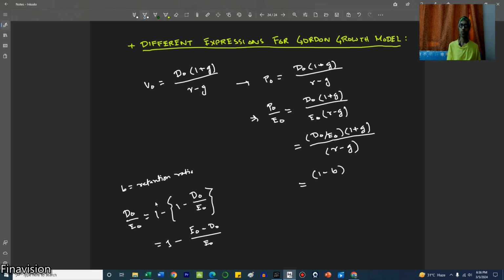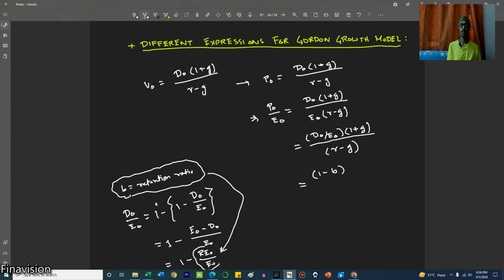This is equal to 1 minus retained earnings at time 0 by E0. This is nothing but the retention ratio, which we are denoting as B, right?